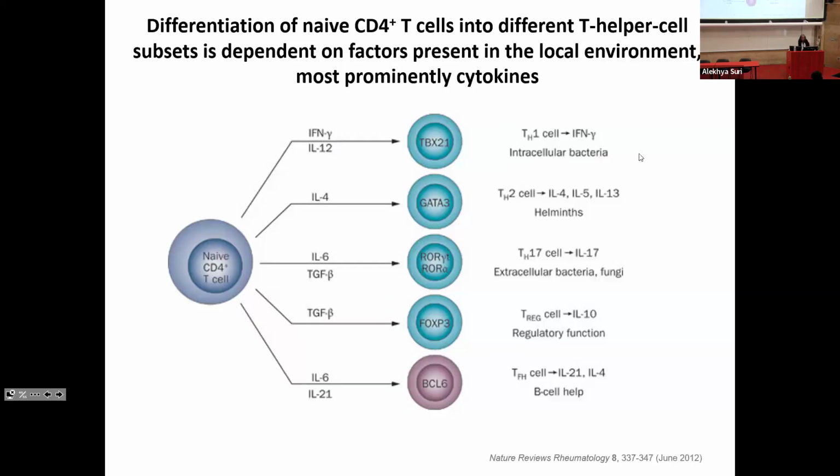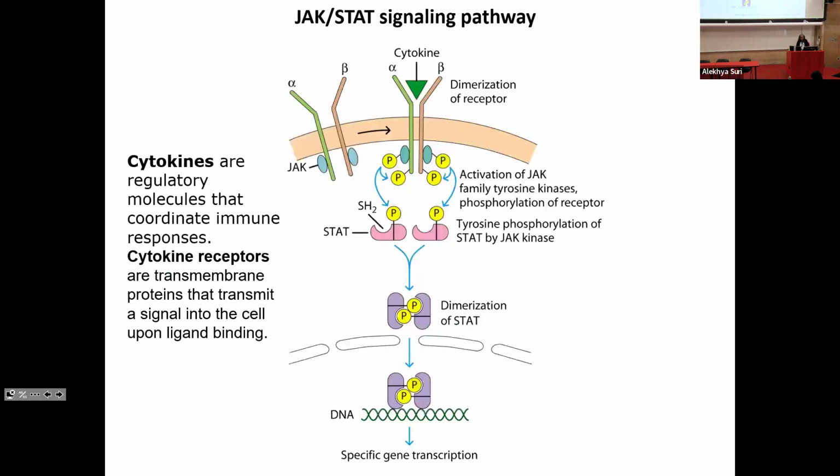So how do these cytokines that are made by these various T cell subsets actually carry out their effector role? How do they signal? Cytokines signal through a pathway called the JAK-STAT signaling pathway. Many different cytokines all use it.